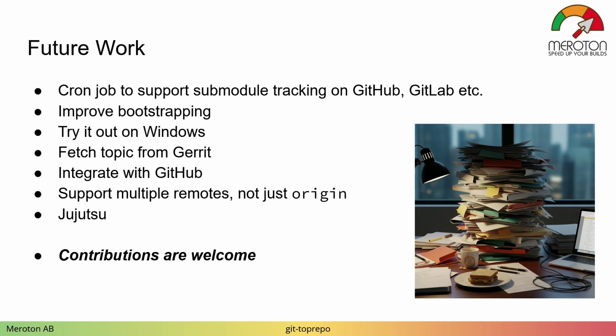That's not there yet. What else? Maybe someone used both origin and some other remotes. That's not really supported. I don't know, Jujutsu, how would this thing fit in with Jujutsu? Feel free to talk to me about that. Contributions are welcome, of course. There's a lot you can do to it.